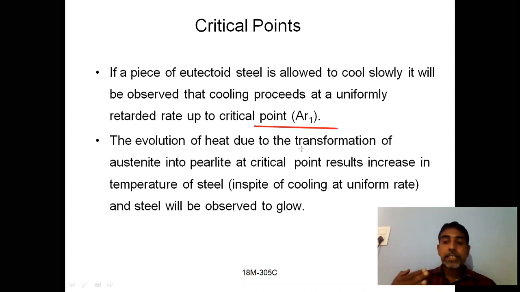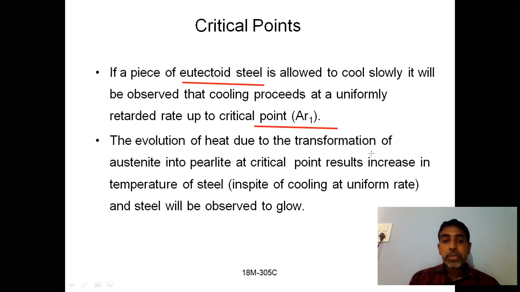I will explain these things while we are discussing the iron carbon equilibrium diagram, but here you just remember a few concepts related to this. So I am cooling a eutectoid steel slowly, and the cooling proceeds at a uniformly retarded rate up to this AR1.